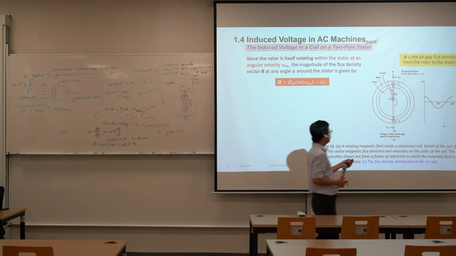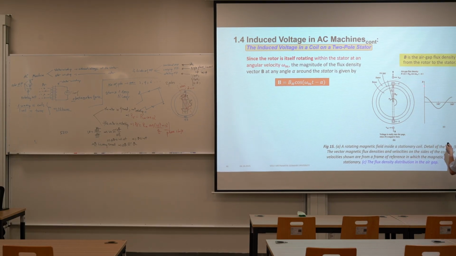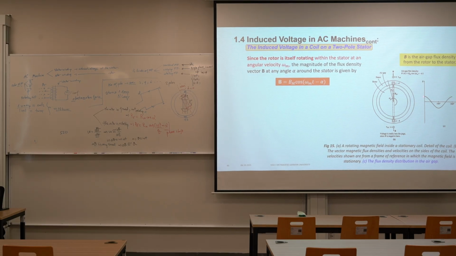And here we have the waveform of the magnetic field, sorry, magnetic density. Look, if theta is zero, we get the maximum magnetic density, right?